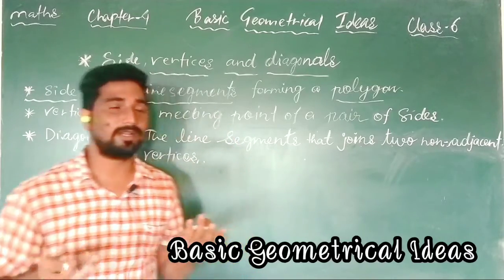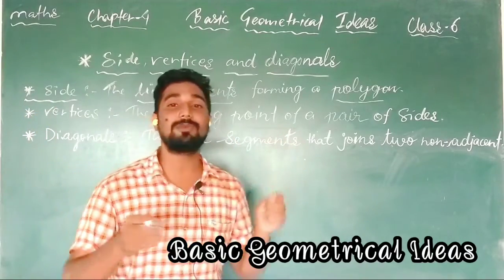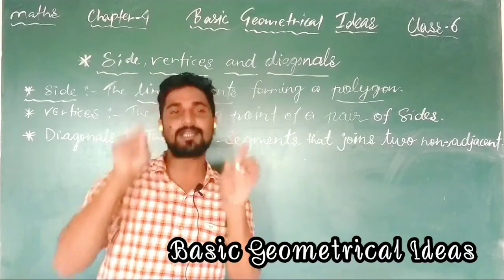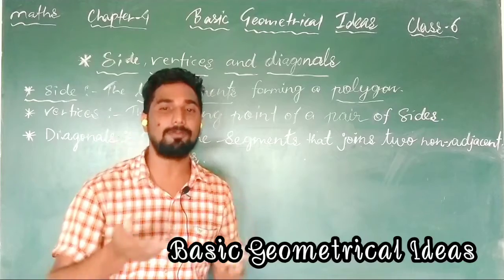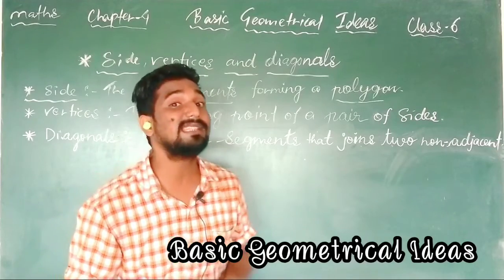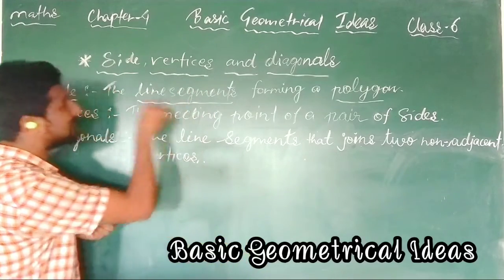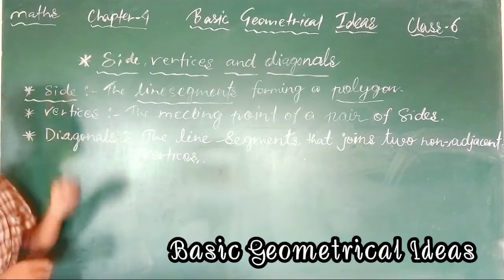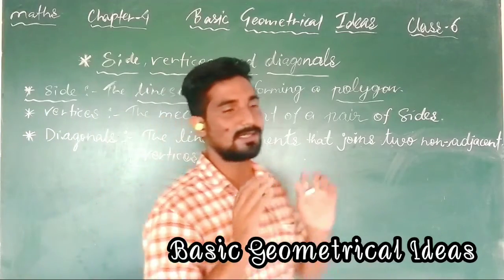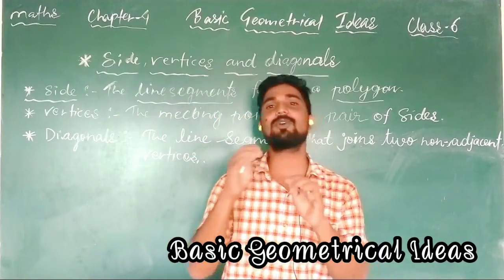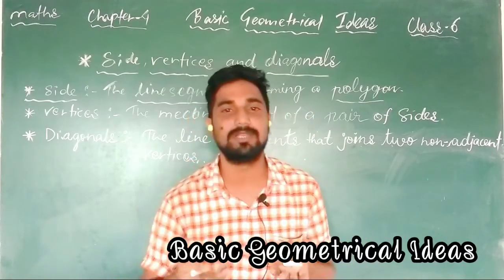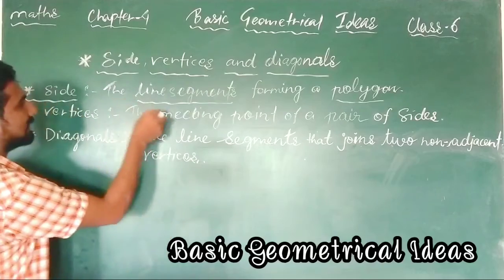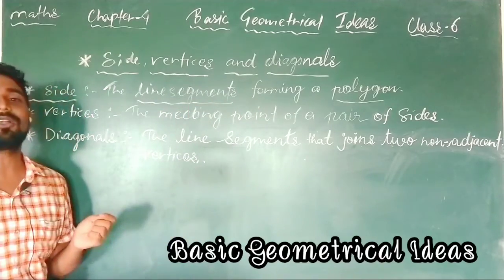So any geometrical picture is formed with the help of line segments, and those line segments are called sides. Line segments are called sides when they are used in a figure or image.